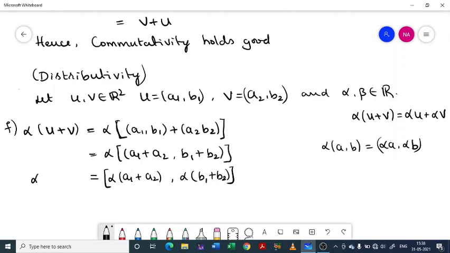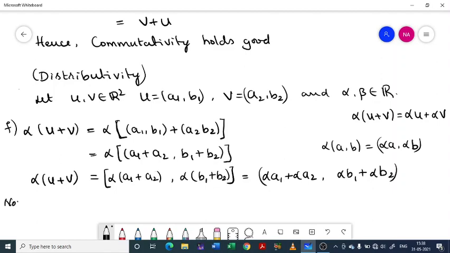So this is alpha times of U plus V. And again this can be written as alpha A1 plus alpha A2 comma alpha B1 plus alpha B2. This happens because R is a field, that's why it happens.